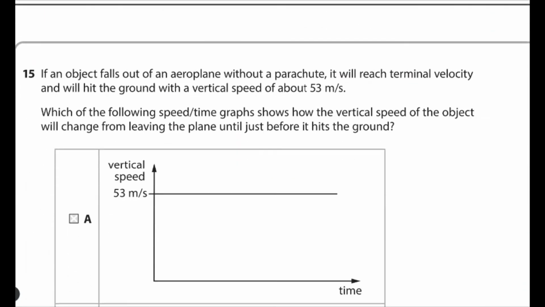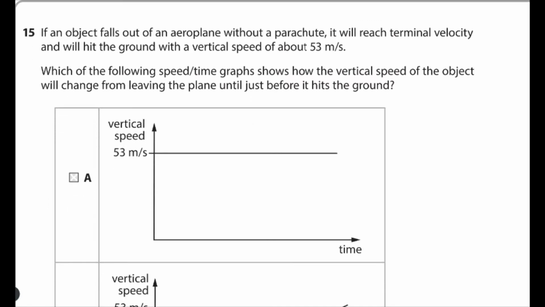15th question. If an object falls out of an aeroplane without a parachute, it will reach terminal velocity and will hit the ground with a vertical speed of about 53 meters per second. Which of the following speed-time graphs shows how the vertical speed of the object will change from leaving the plane until just before it hits the ground?